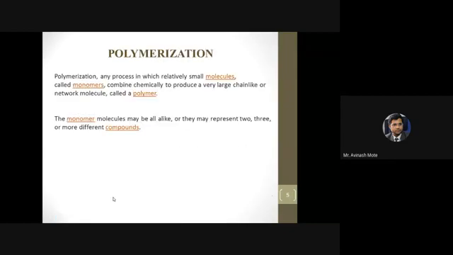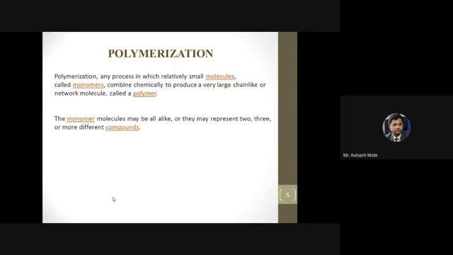Next, polymerization. Now it is very simple to define. The process of making a polymer is polymerization. How is the process happening from monomer to polymer? Monomers come together and form covalent bonds with each other, which results in a long chain, which is called a polymer, and the process is called polymerization.